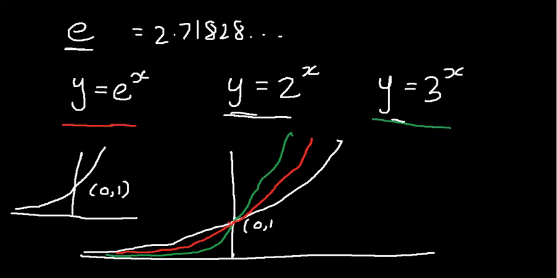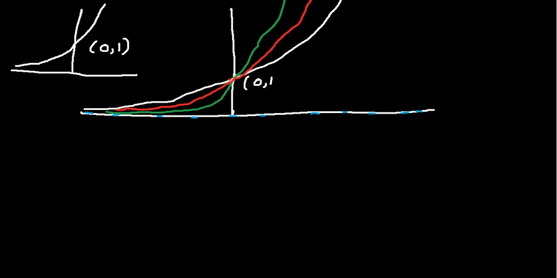Now you also know that there is an asymptote on the x-axis. But if the asymptote is on the x-axis, we can't show it using a dotted line. So if we transform this e to the power of x graph, if we shift it up, if you did y is equal to e to the power of x plus 1, then you'll be able to see that asymptote.